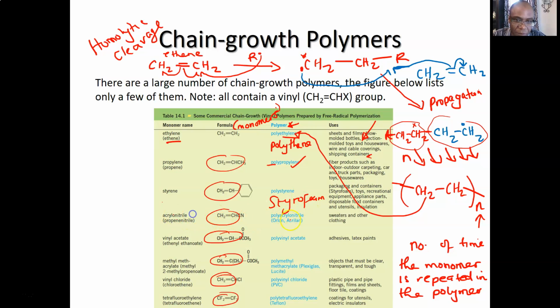Then you have acrylonitrile, which makes polyacrylonitrile, used for sweaters and other clothing for those who like swimming and sports. The stretchy fabric might have been made using polyacrylonitrile or acrylic. Vinyl acetate makes polyvinyl acetate, which is used to make glue or adhesives.